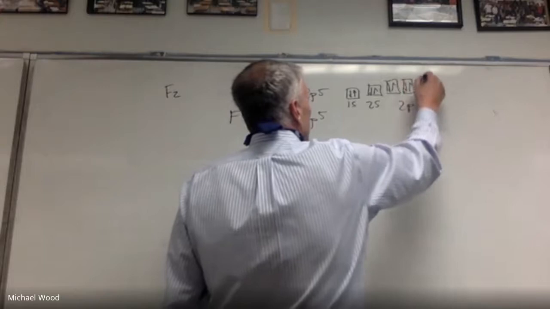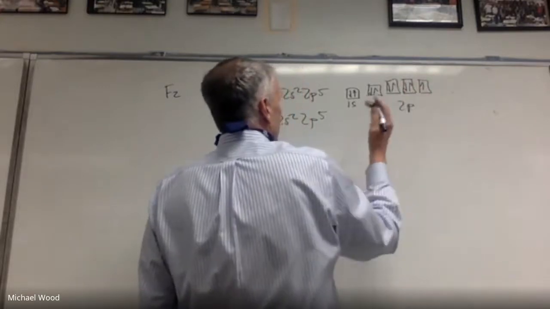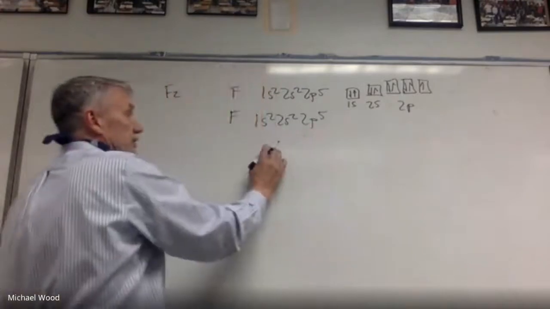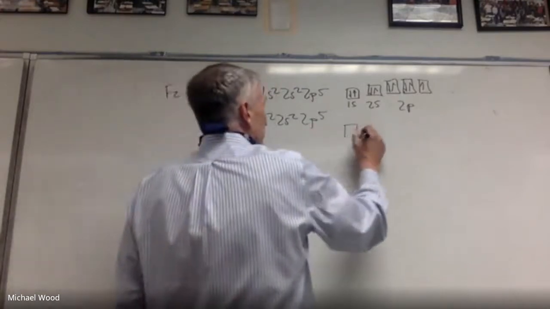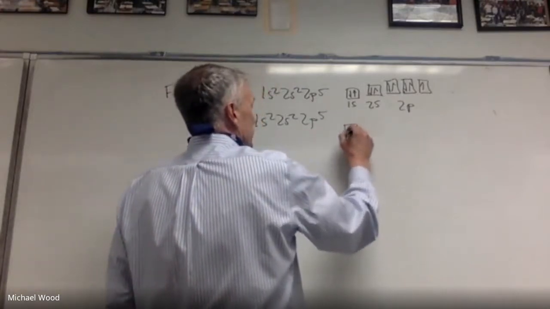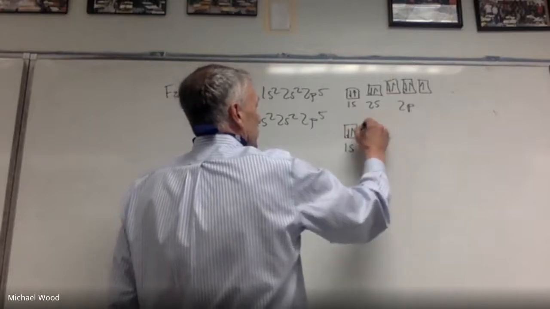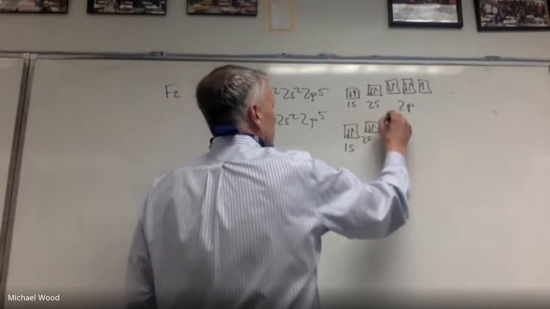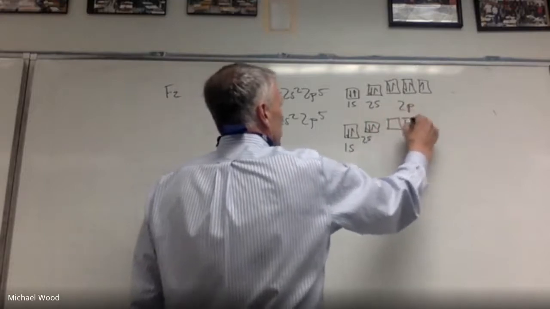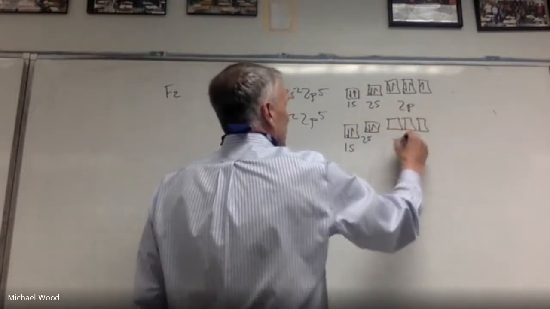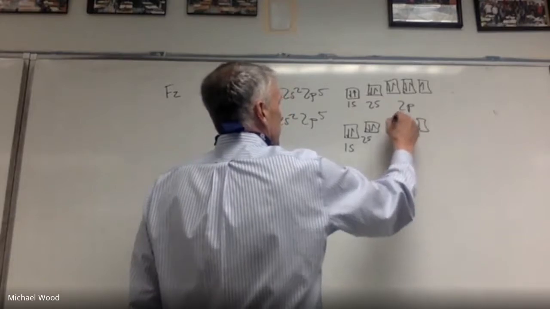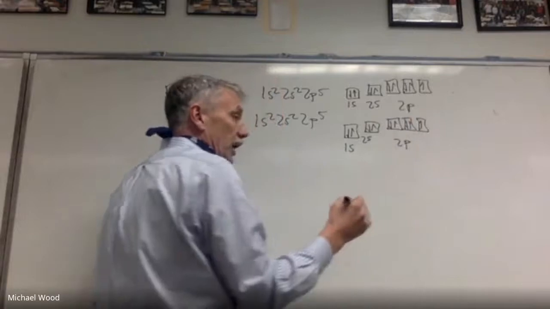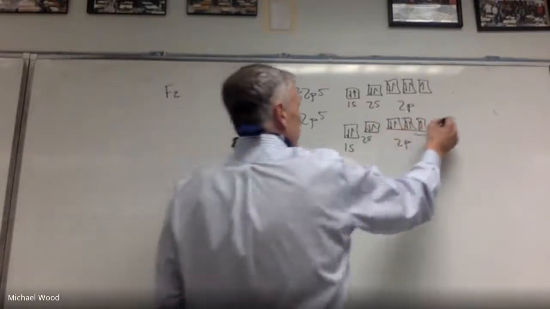What we have is exactly what I showed on the overhead page. Well, this fluorine is the same way. So we've got 1s, we have 2s, and we have the 2p's. And then the bond is right here.